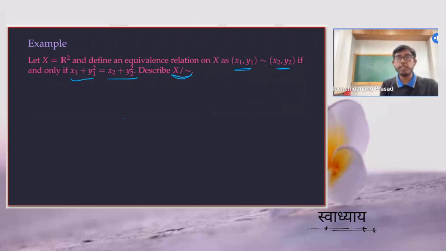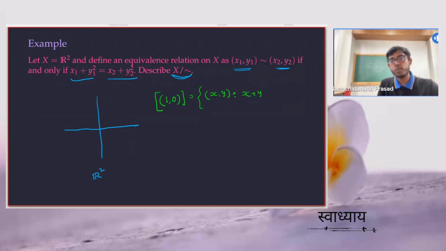So let's describe it. If I have R2, this is my R2. What is the equivalence class of (1, 0)? This will contain all points (x, y) such that x plus y squared equals 1 plus 0 squared, that means 1.